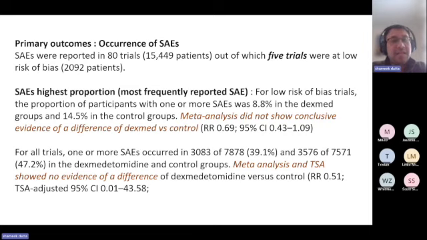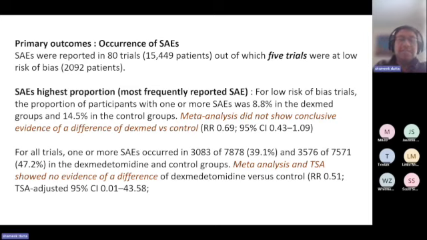In the trials which had a low risk of bias, the proportion of participants with one or more adverse effects was 8.8% in the dexmedetomidine group versus 14.5% in the control group. The meta-analysis did not show any conclusive evidence of difference between Dexmed and control, which is a good thing. So Dexmed did not show any increase in adverse effects.